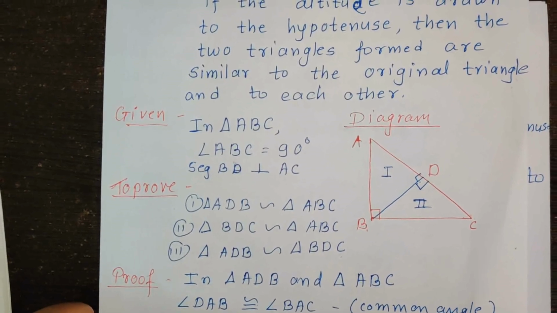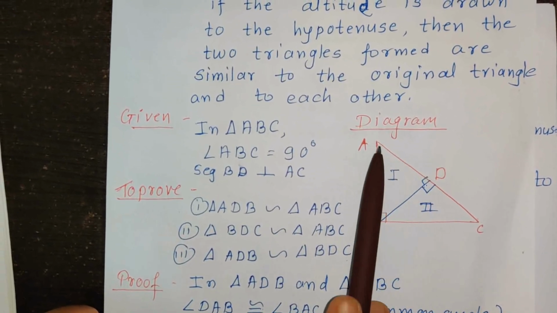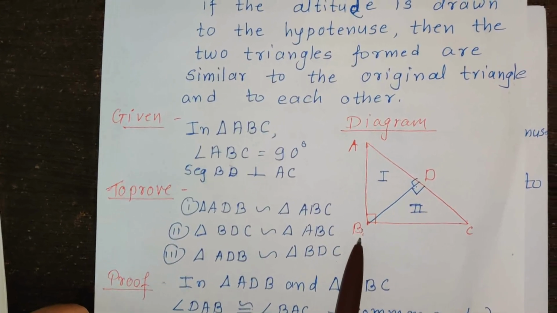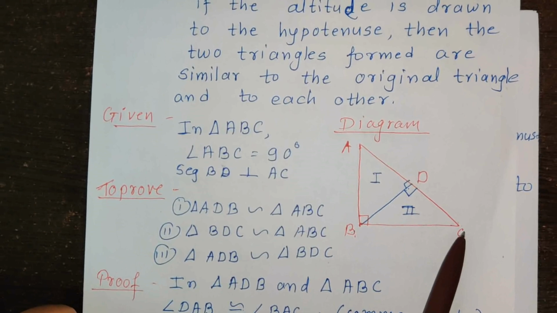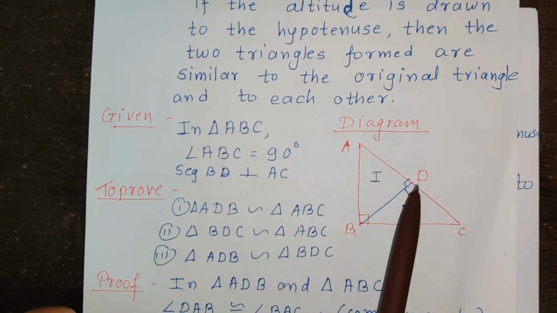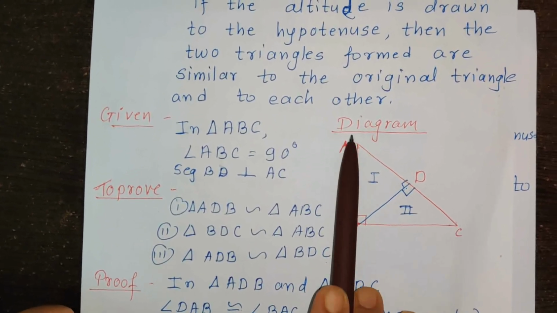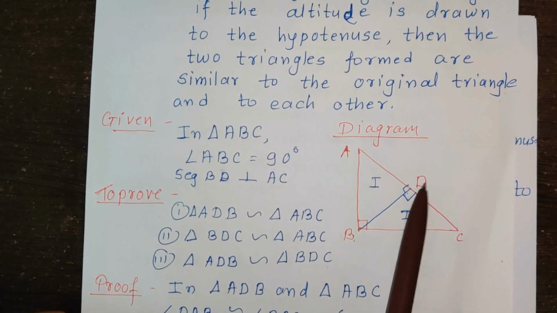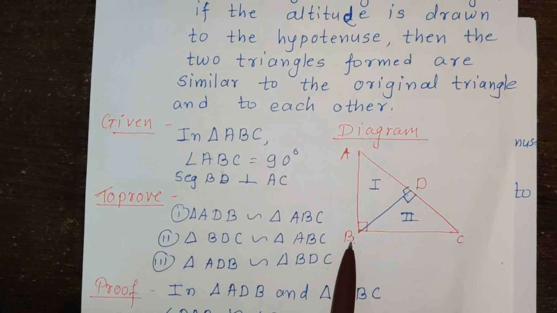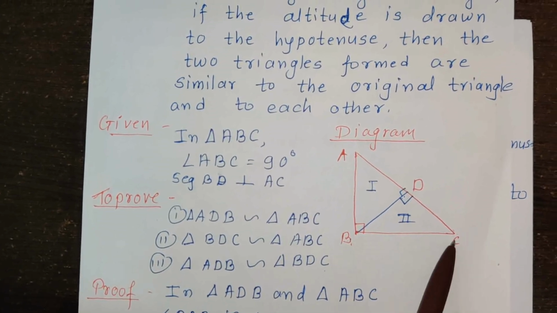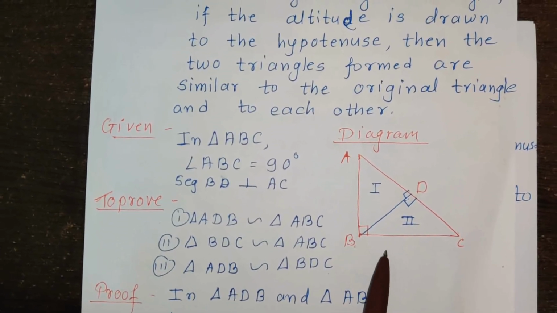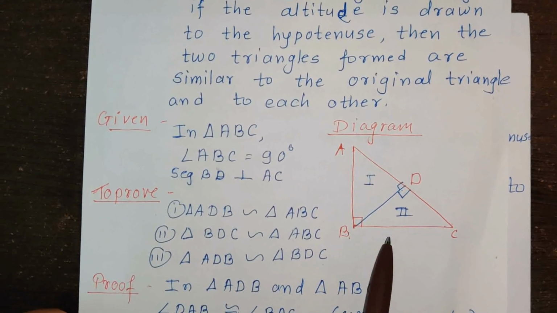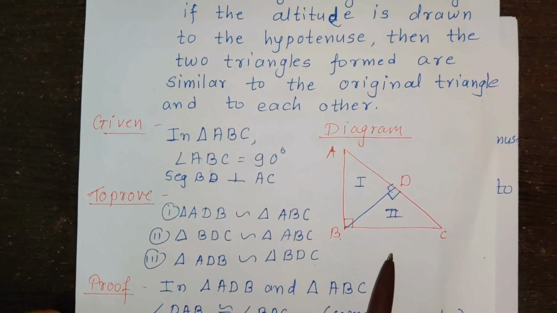In that video you learned that triangle ADB is similar to triangle ABC, triangle BDC is similar to triangle ABC, and triangle ADB is also similar to BDC. This is what you learned in similarity and right angle triangle, and it is useful in today's point.